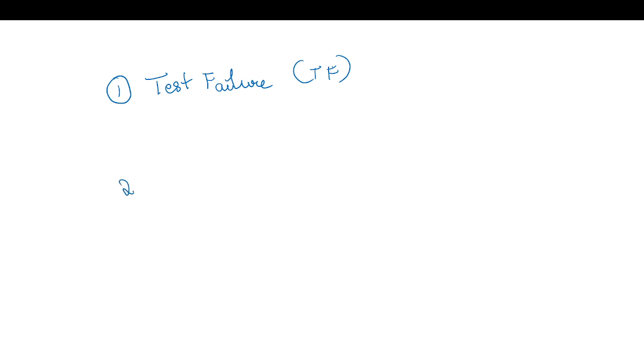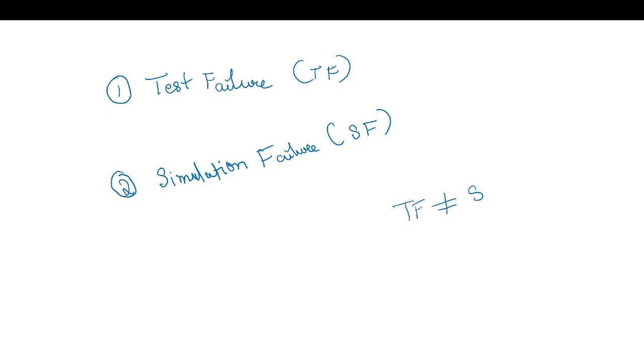Next is the simulation failures, denoted as SF. These are the failing patterns and the failing pins of a fault, obtained from fault simulation. So the test failure need not be equal to the simulation failure.